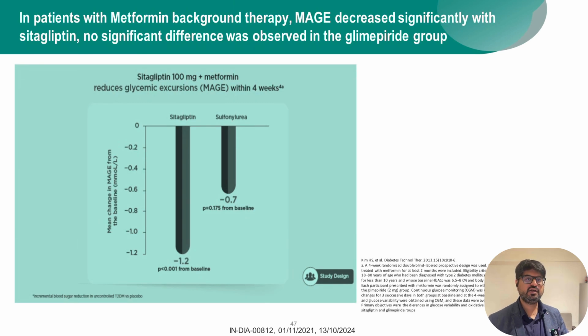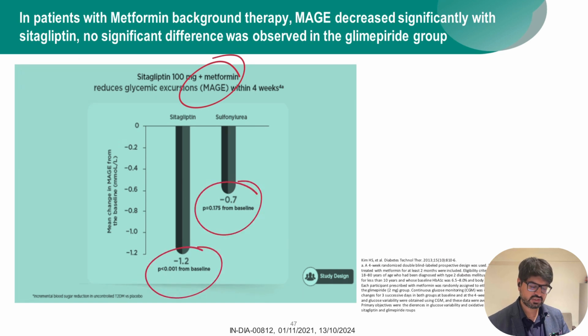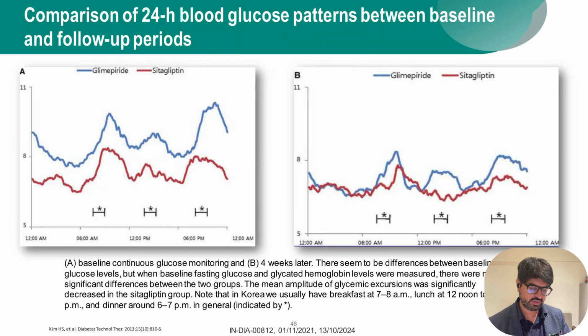Okay, so very clearly you can see the MAGE was the criterion, that is mean amplitude of glycemic excursion. The MAGE values were definitely lower with the sitagliptin group compared to the sulfonylurea group, right? So basically what it tells us is that within 4 weeks there is significant reduction of MAGE with sitagliptin compared to that of a sulfonylurea, right? So that is something which is very, very important to understand, right?